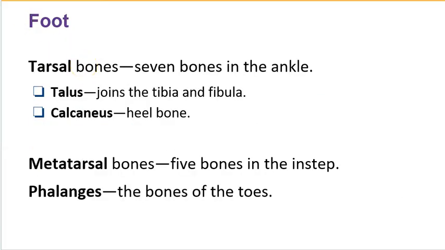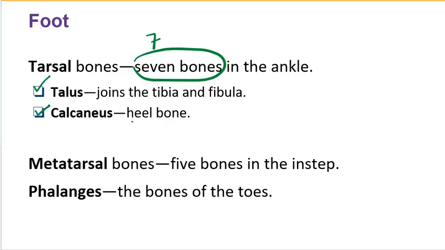Okay, related to the foot. As we said, the hand is composed of carpals, metacarpals, and phalanges. And for the foot, we are going to define tarsals, metatarsals, and phalanges. Tarsal bones are the bones found in the ankle region. Here we have 7 tarsal bones. Each of them has a specific name, but these two are important: the talus bone and the calcaneus bone.